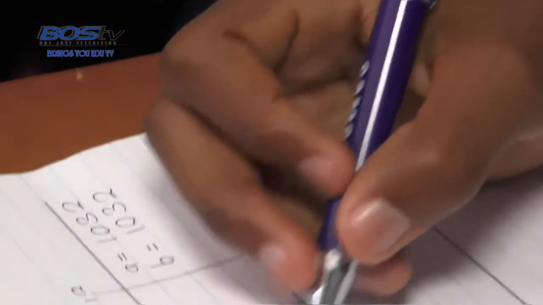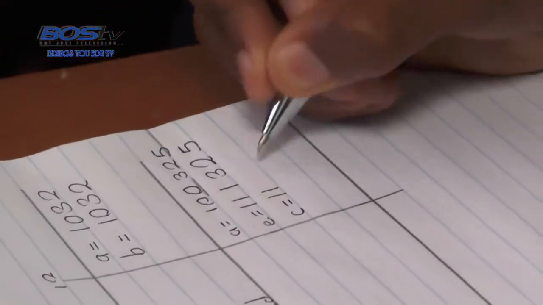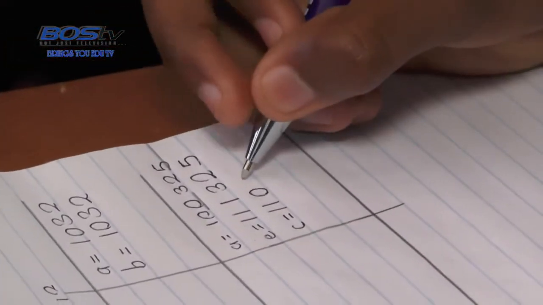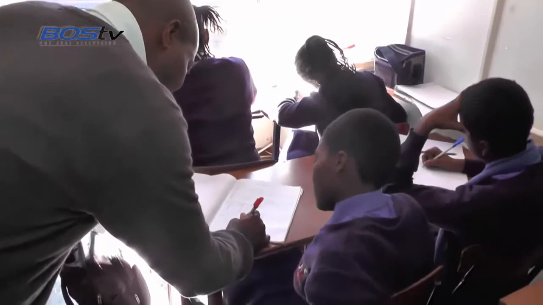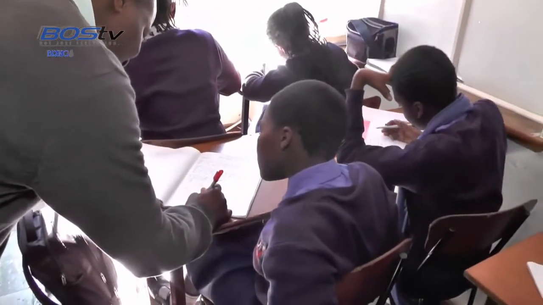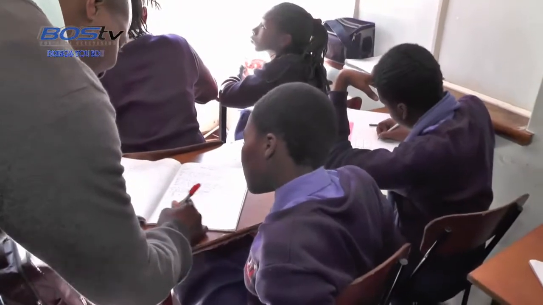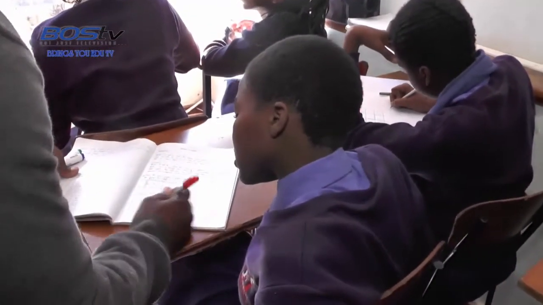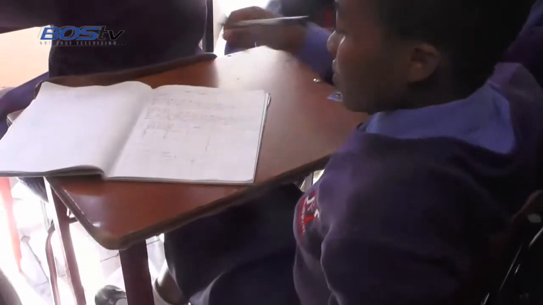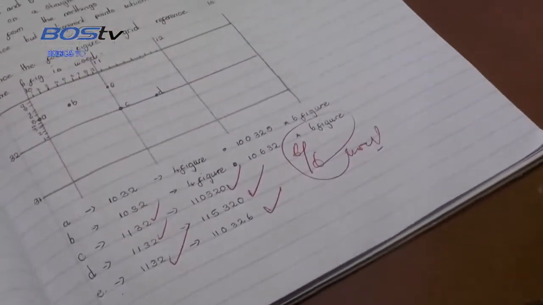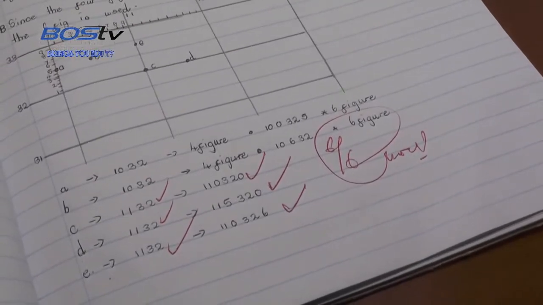Listen, are we winning? Yes. We are winning. Okay? This one is D. Okay, good.